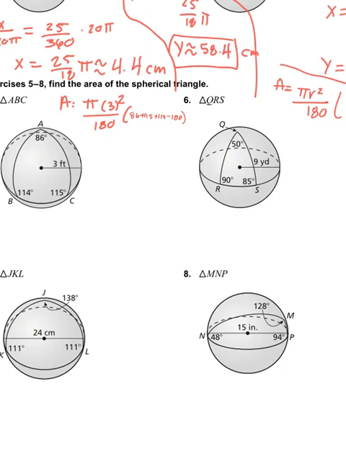I'm simply going to put that in the calculator exactly as is, and I get that my area is approximately 21.2 feet squared, because this is area, so feet squared.